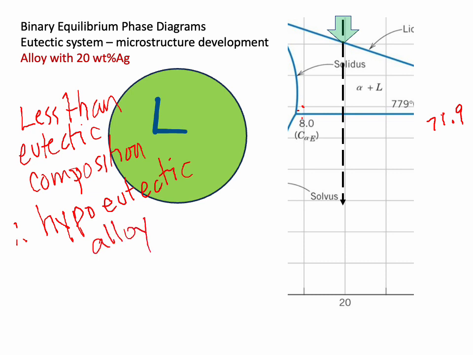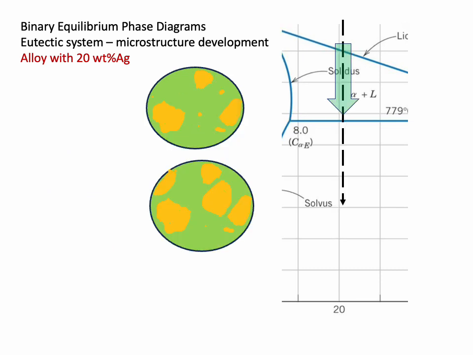Okay? And so what happens to that alloy as we cool? Well, if I'm above this liquidus line, it's all liquid. But as I cross that liquidus line, I start to form alpha in the liquid, just like what happened with the 5 weight percent as we crossed that line.